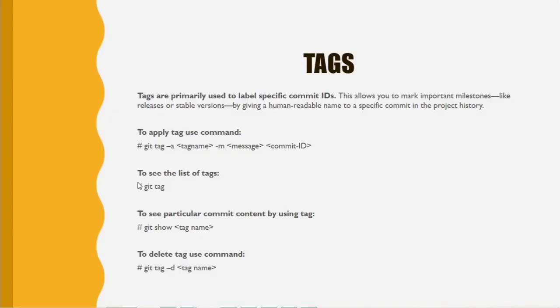In case you want to see all the tags, you can just write git tag, and to view details about a specific tag, you can write git show and the tag name. To delete a particular tag, you can give git tag with a small -d and the tag name. So tags are a great way to keep your project organized, especially when you are managing multiple versions or planning the releases.